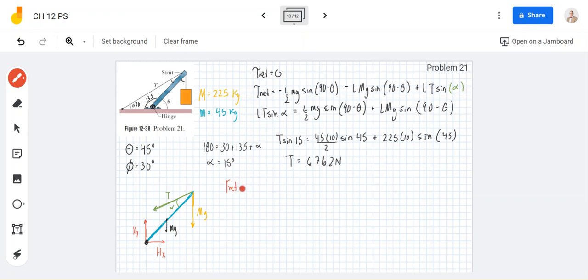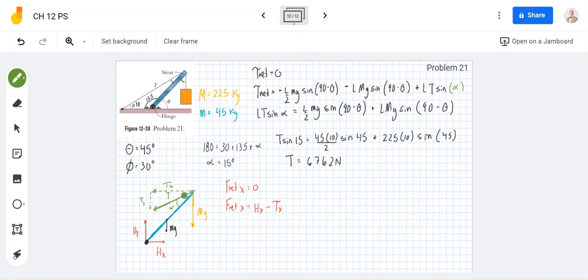Okay. If I do the F net in the X direction, I know it's equal to 0. Here, my F nets in the X direction are hinge X minus tension X. Now, the tension X is going to be here. And then you're going to have the tension Y here.